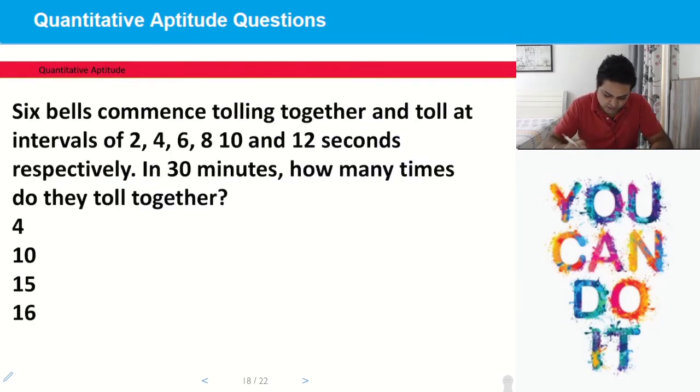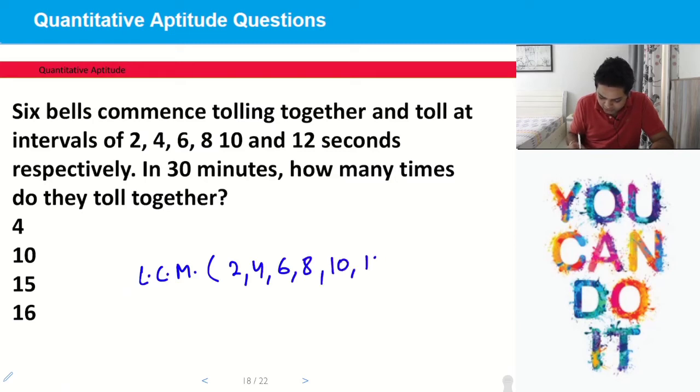Next question is, 6 bells commence tolling together and toll at intervals of 2, 4, 6, 8, 10 and 12 seconds. In 30 minutes, how many times do they toll together? So first we need to find out after how many seconds they all will sound together, right? So we need to find LCM of 2, 4, 6, 8, 10 and 12.